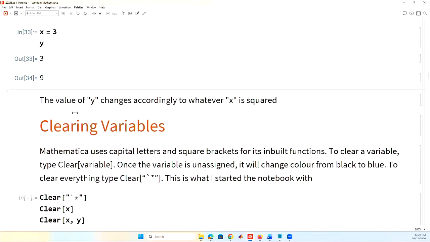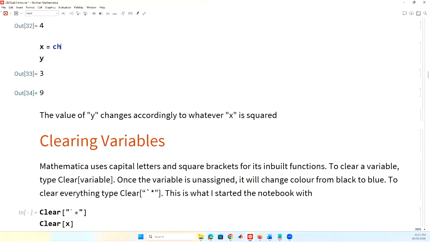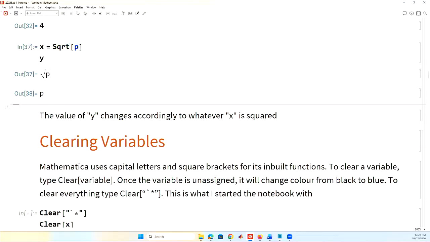If x is equal to Chris, if we're lucky, y is equal to Chris squared. Good. So it doesn't do anything. If I say it's equal to square root of p, it's equal to p. So it understands and does the operation only when it's called.